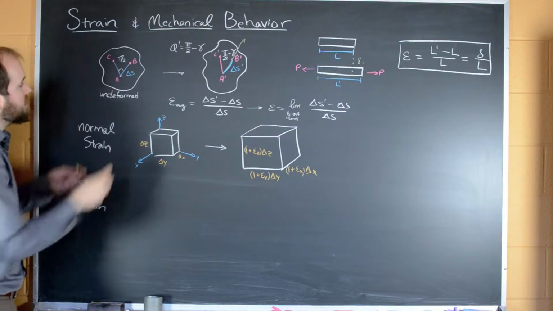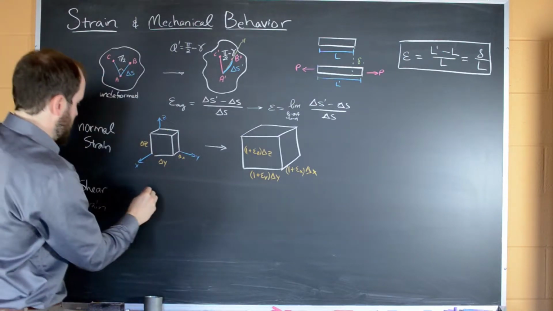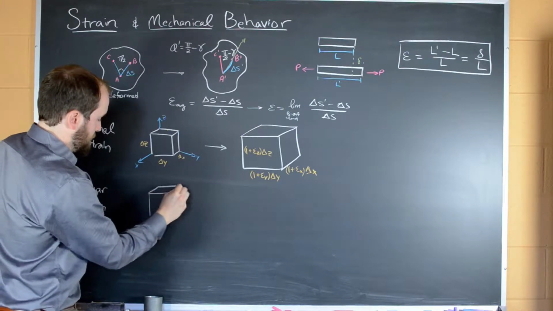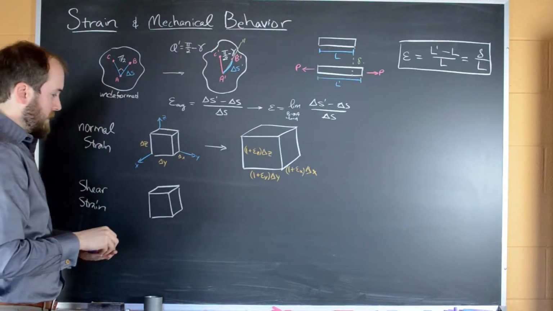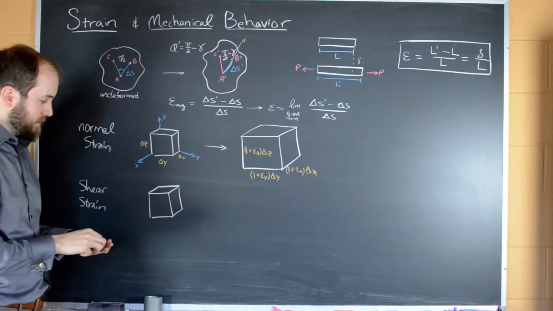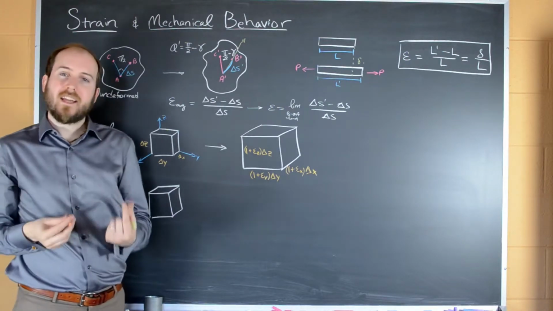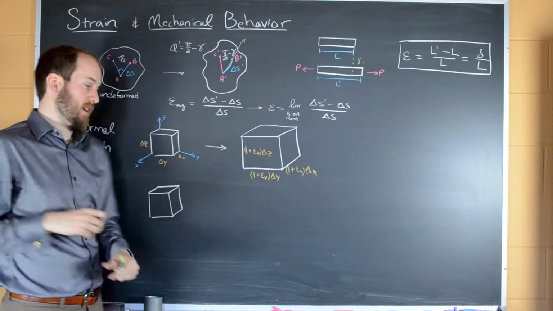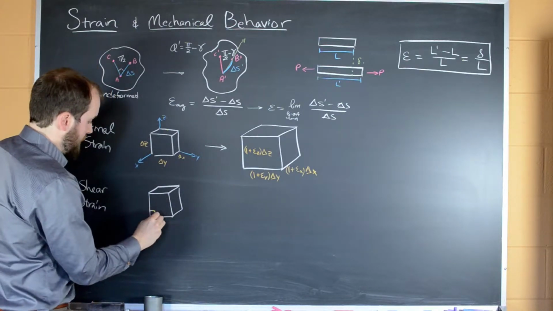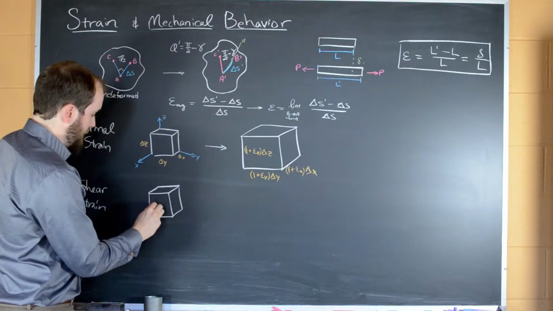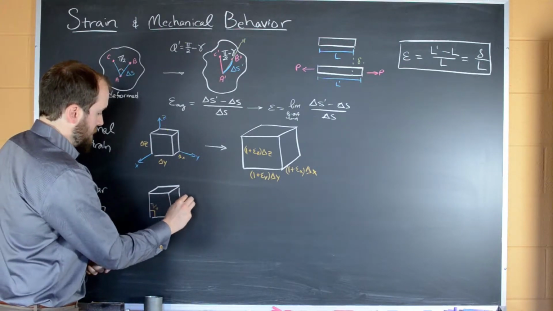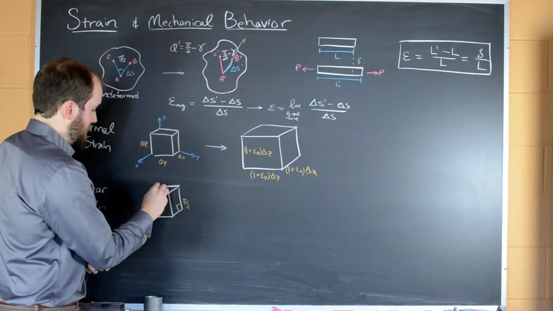where again we start by imagining a cubic element within this material here. Using the same coordinate system, instead of looking at the lengths of the sides, what we're going to look at is the angle that the sides of this element make. And so here we have a right angle, pi over 2. Here, same thing, a right angle of pi over 2.